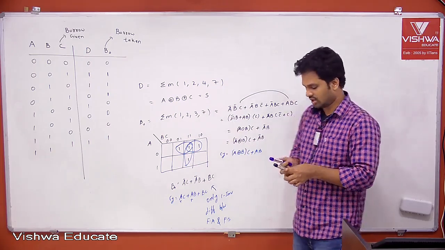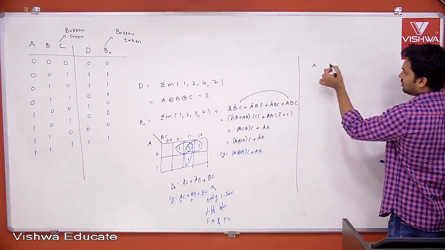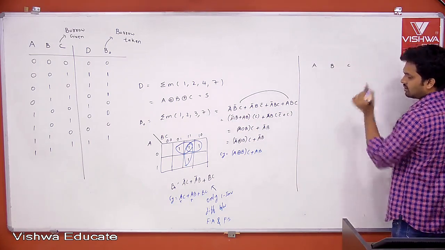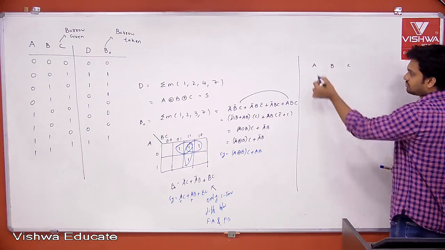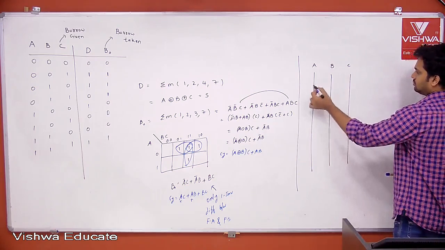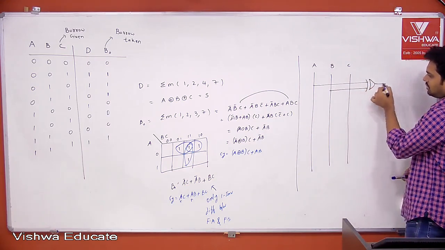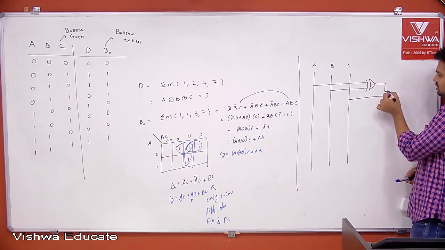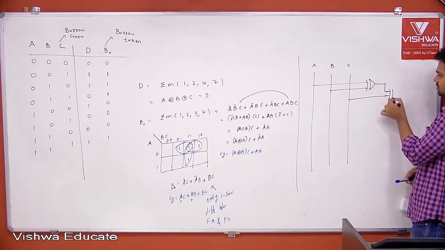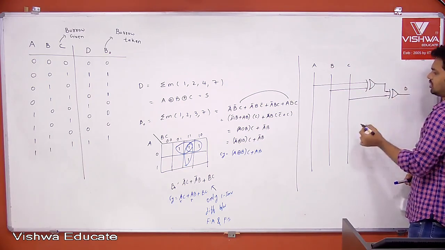Okay. So let us see the implementation if you want. A, B, C. So A XOR with B XOR with C is your difference. What about borrow?